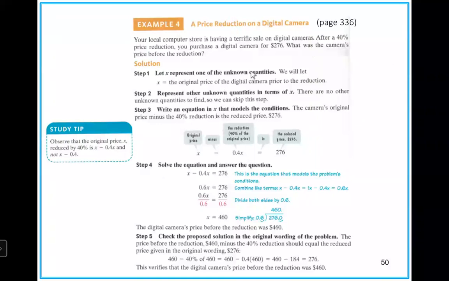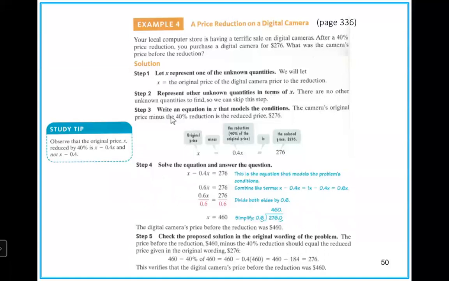So in this case, we're going to let x represent the original price. That's the price before the reduction. So the unknown quantity is represented by x. We don't have any other quantities. We're only trying to find that one quantity. So we're going to write an equation that models the condition.